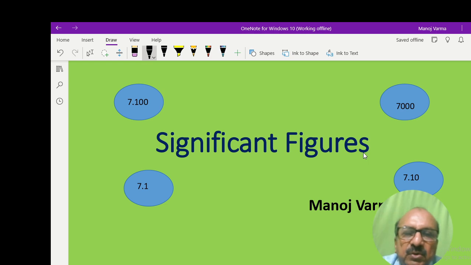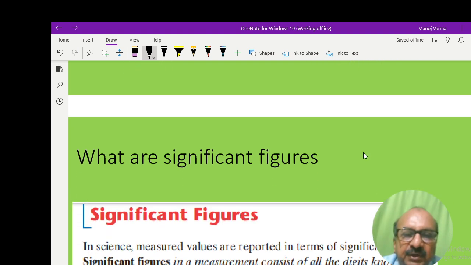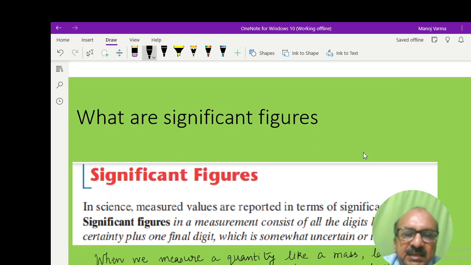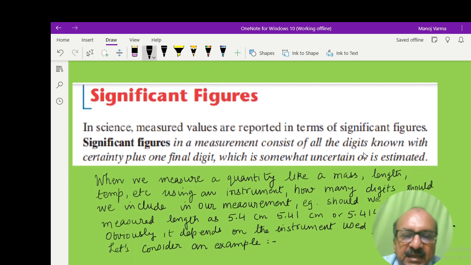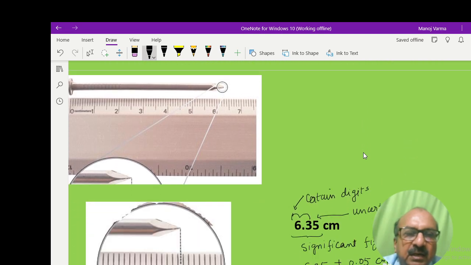Okay, so going ahead, what are significant figures? I think it is best illustrated with an example. See, for example, here we are measuring the length of a pencil using a ruler, and this ruler is graduated in centimeters.